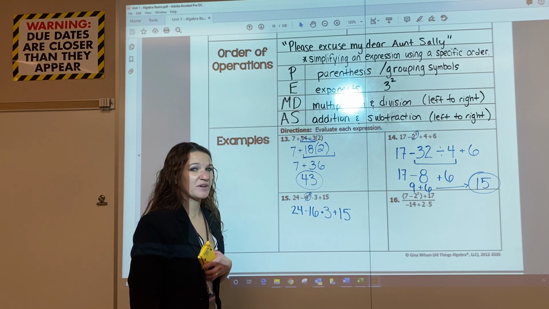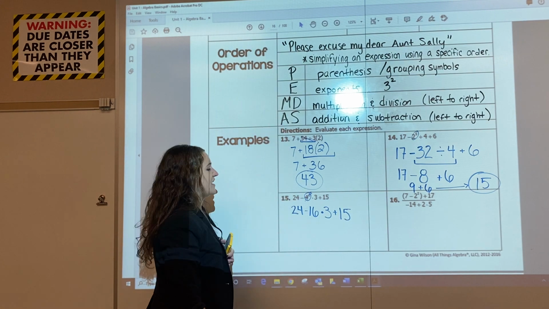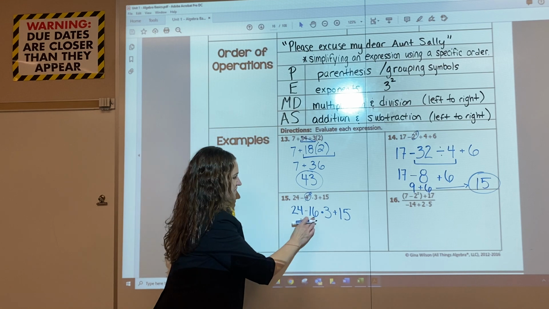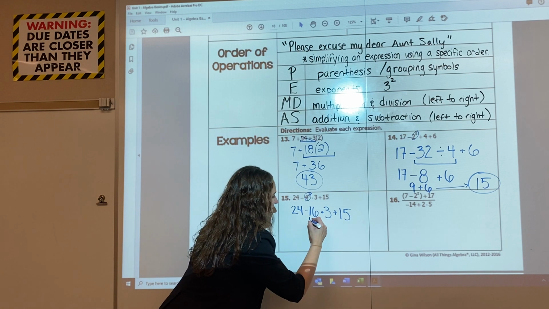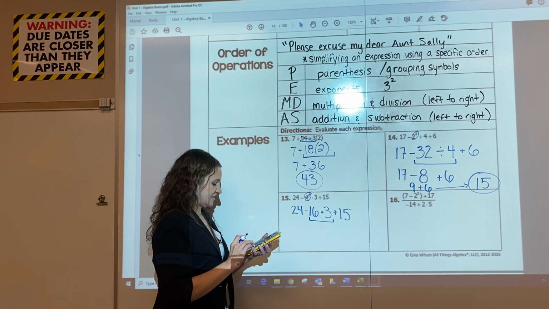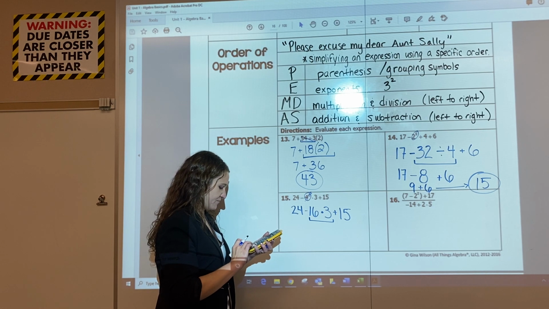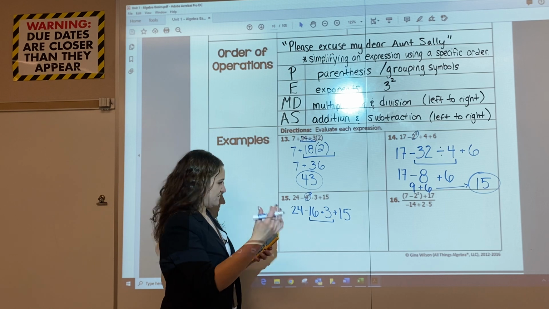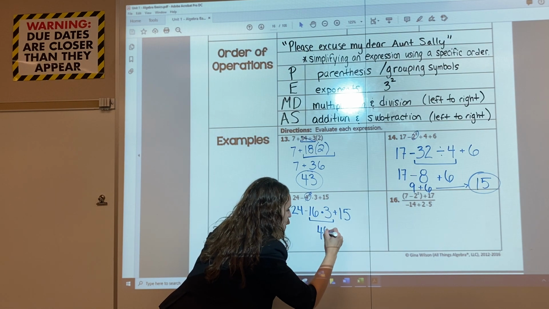Okay. No more exponents. Now we're moving to multiplication and division. This is subtraction, not that. But I see this guy right here. All right, so I'm going to multiply 16 times 3 and see what I get. 48. So this becomes 48.